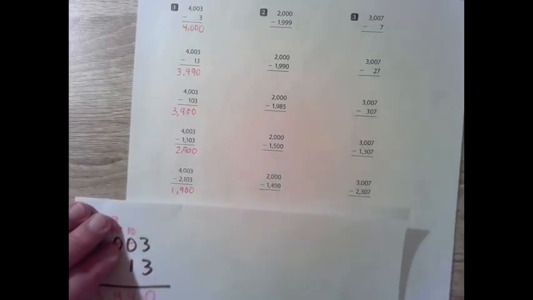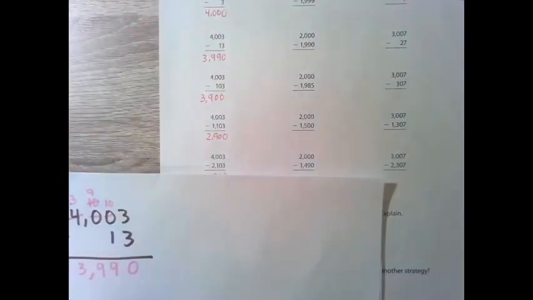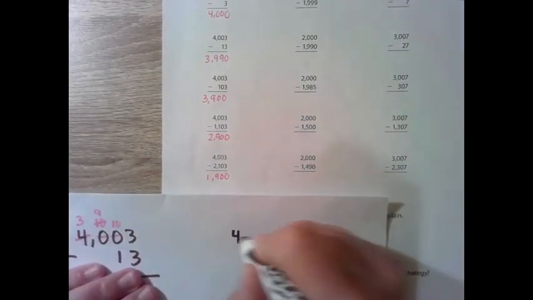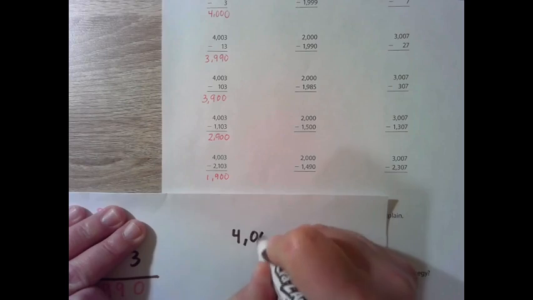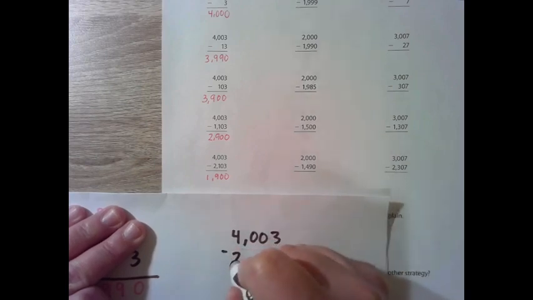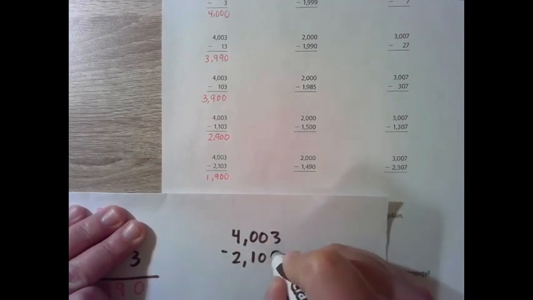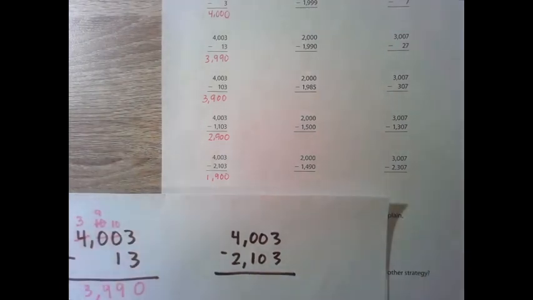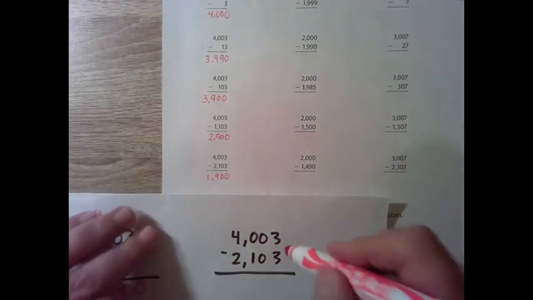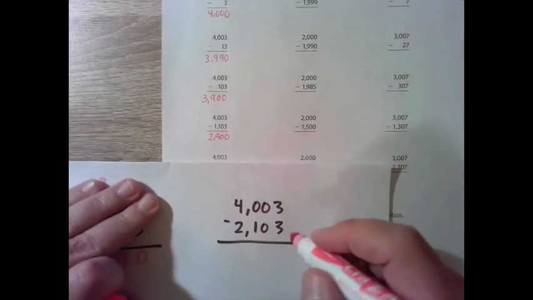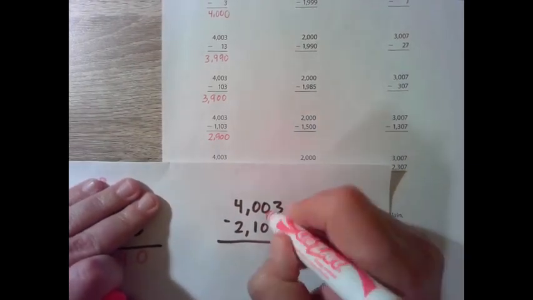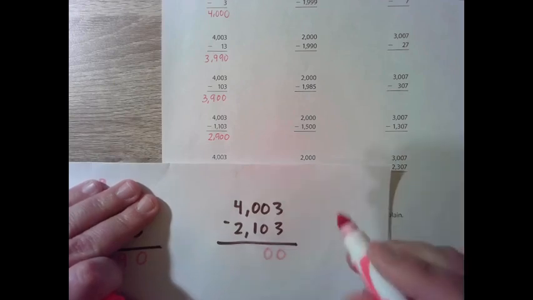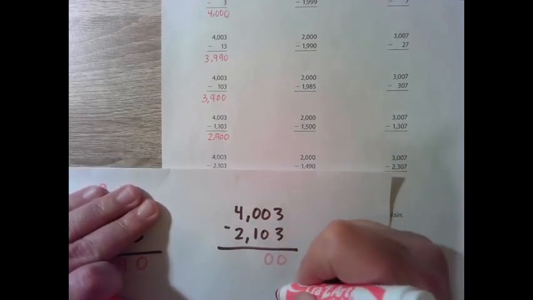So if I was to do the traditional algorithm for this last one, it would look like this, right? So it would be 4,003 take away 2,103. So with the traditional algorithm, you would go 3 take away 3 is 0. 0 take away 0 is 0. 0 take away 1, you can't do that, so you got to trade.